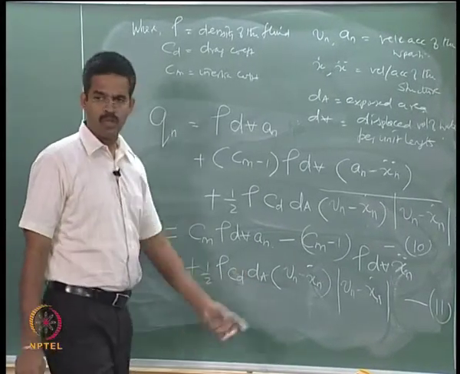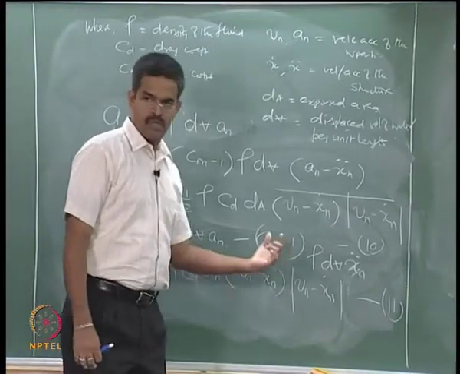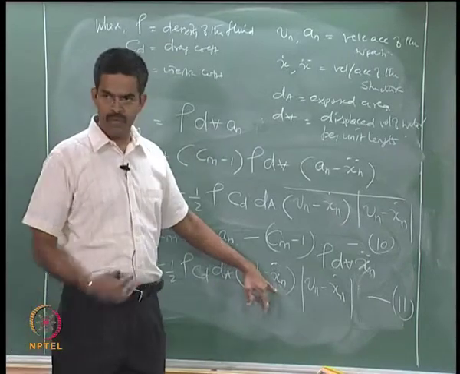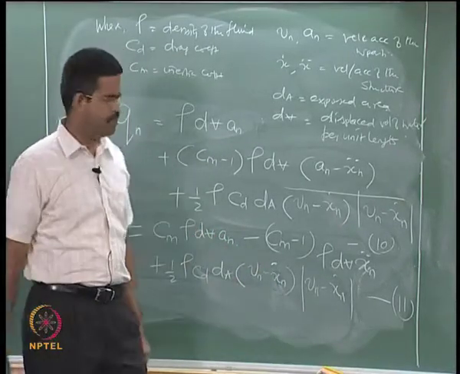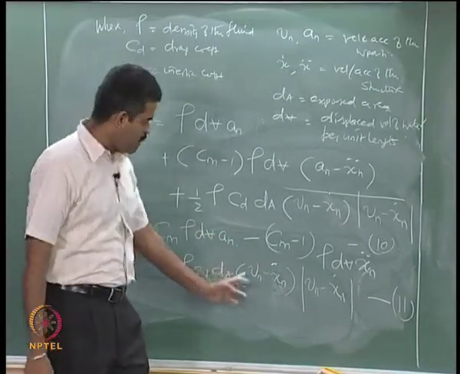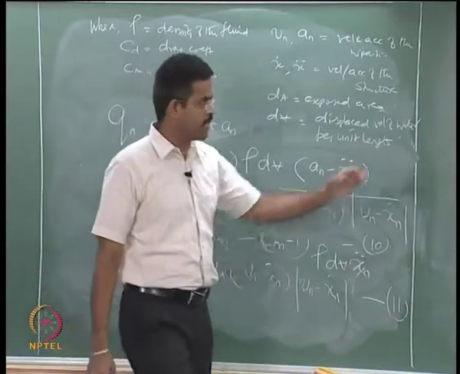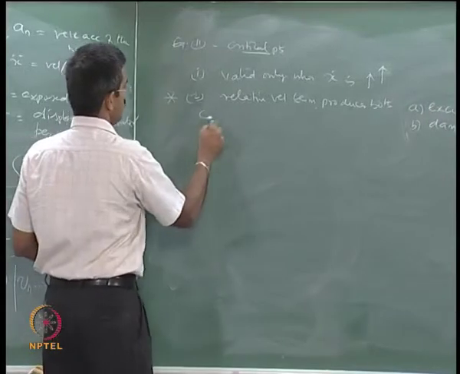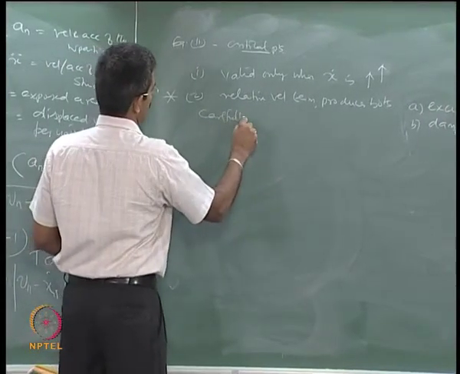It has got both the components, okay. Vn will give you the excitation force and x dot n will give you the damping force of the structure. So, depending upon the value of these two, they may get cancelled and so on. So, this has got to be handled very carefully in the design.